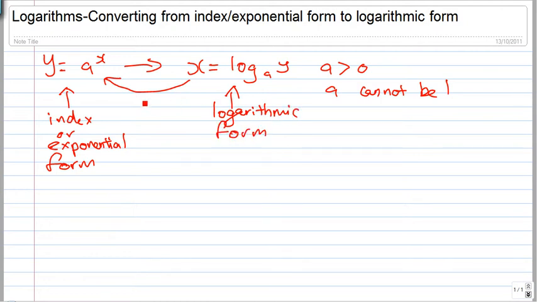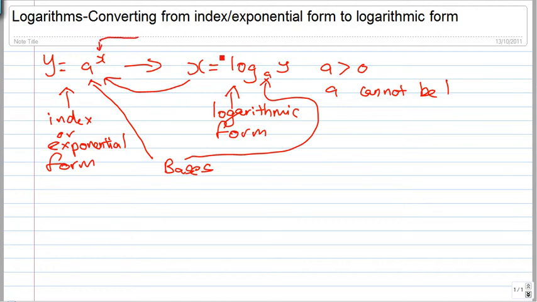Do note that the bases in this case are a, and the index is x. So the bases in both forms are the same. Therefore, the logarithm is actually the index.